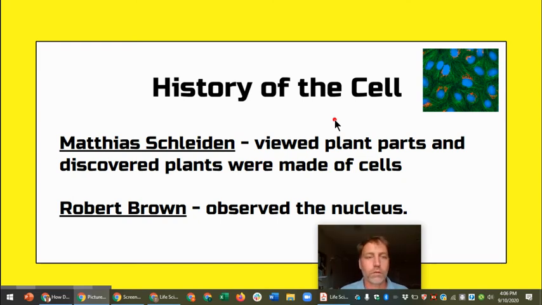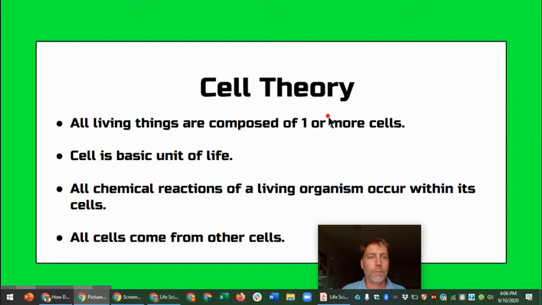So here are some important things about cell theory. The main thing to understand about cell theory is this. All living things are composed of at least one or more cells. So if you're only one cell, you're called unicellular. We'll talk about that a little bit later on in other lessons. Or multicellular, meaning many cells. The other part of this theory is that the cell is the basic unit of life.